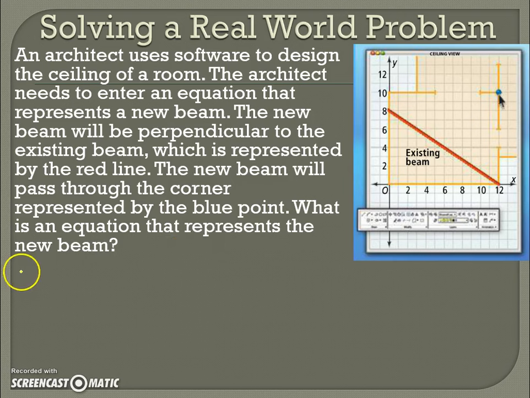So first of all, I need to identify what is the slope of this line. So to find the slope, I'll start right here because that goes through there. That's 0, 8. And it looks like it goes all the way down here to this. That's very, very simple. Now there's other points on here, but I'm going to use this, the change in y over the change in x.